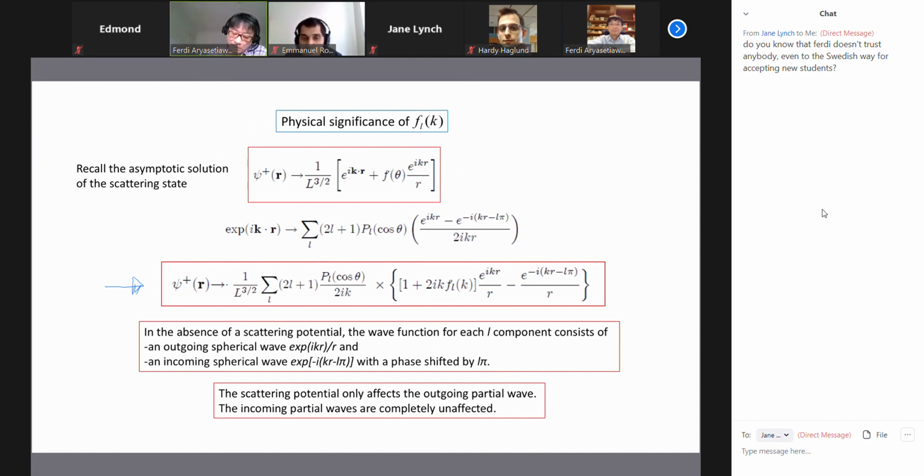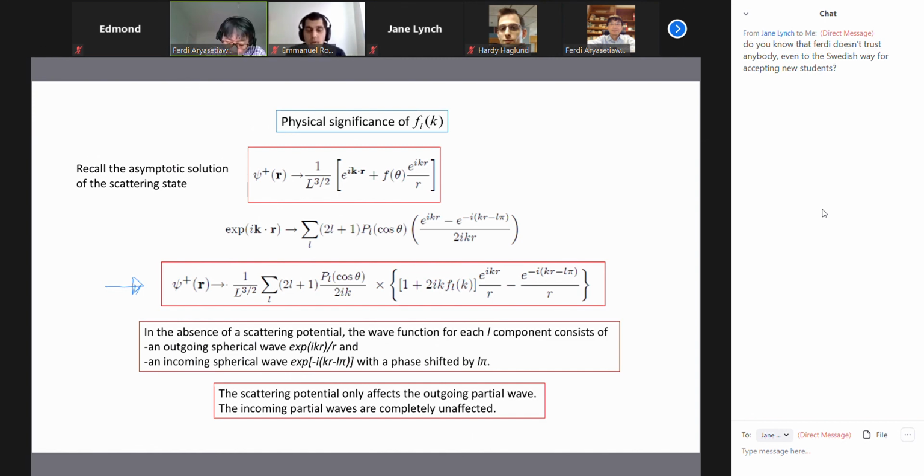So the interesting thing is that if we look at the case first when there is no scattering potential, so that means that FL is equal to 0, then the scattering state, well, there is no scattering, but anyway, we call it scattering state even when the potential is 0, is just a plane wave.